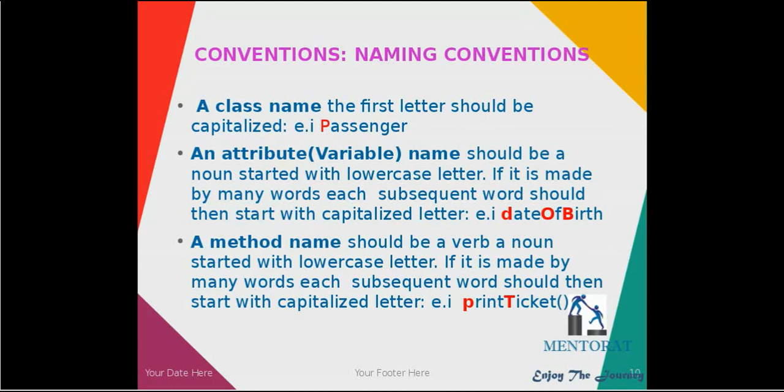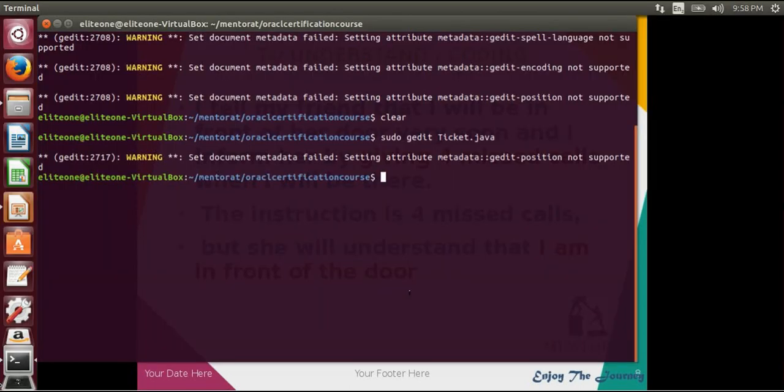And for a method, when they see something like printTickets or doThis or getThis or makeThis, they know also that it is a method. So this is just the convention. Even if you don't follow this rule, there is no error, just for everybody to understand each other.